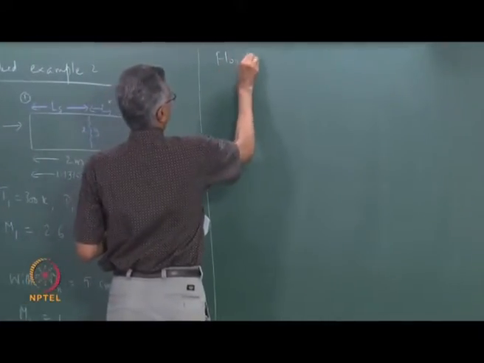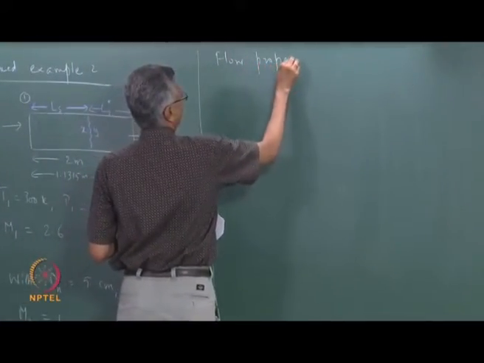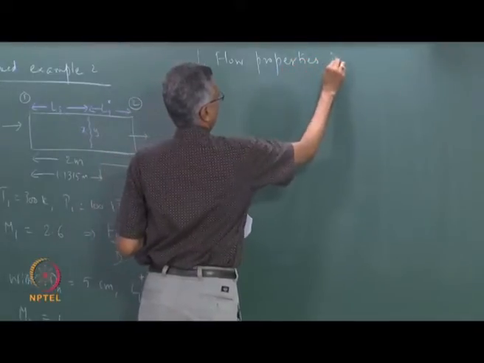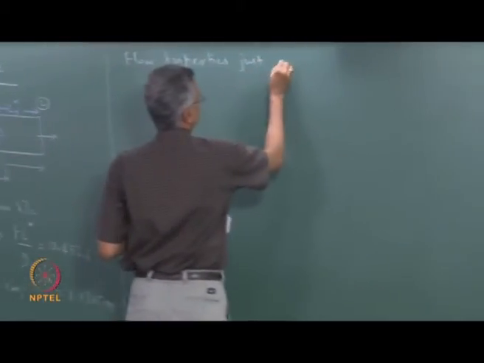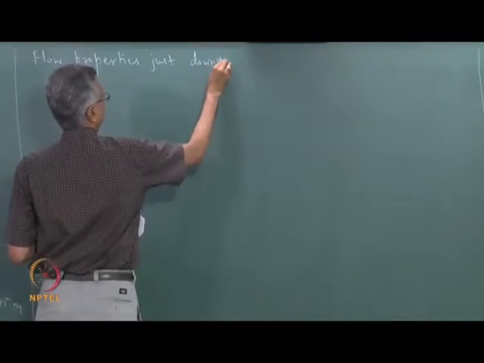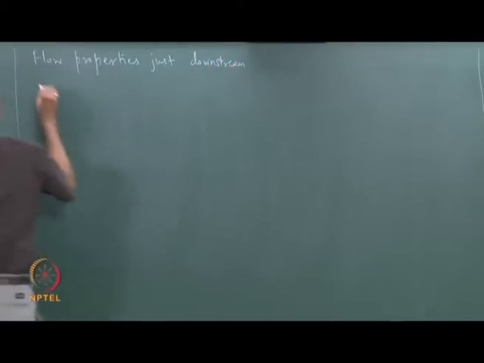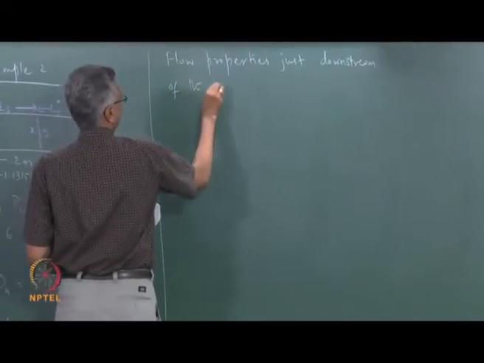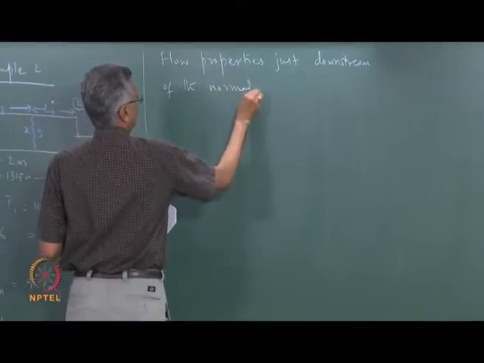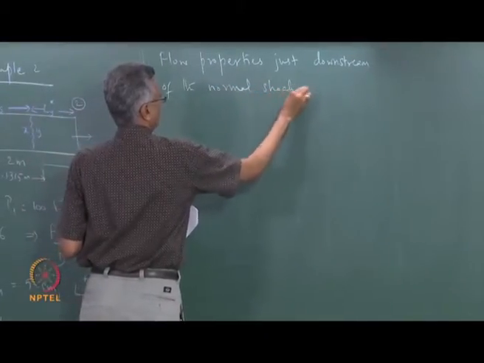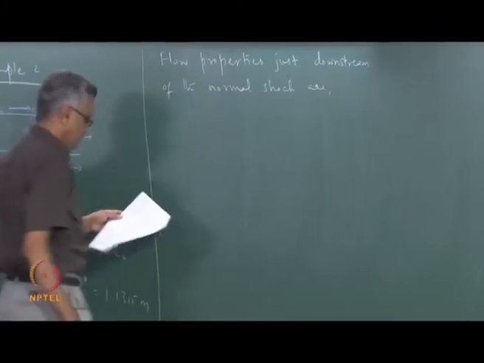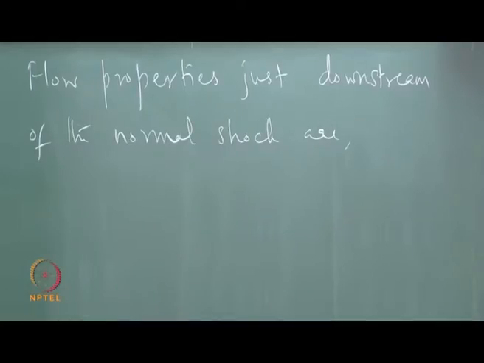Flow properties just downstream of the normal shock, so this we get from the normal shock table.